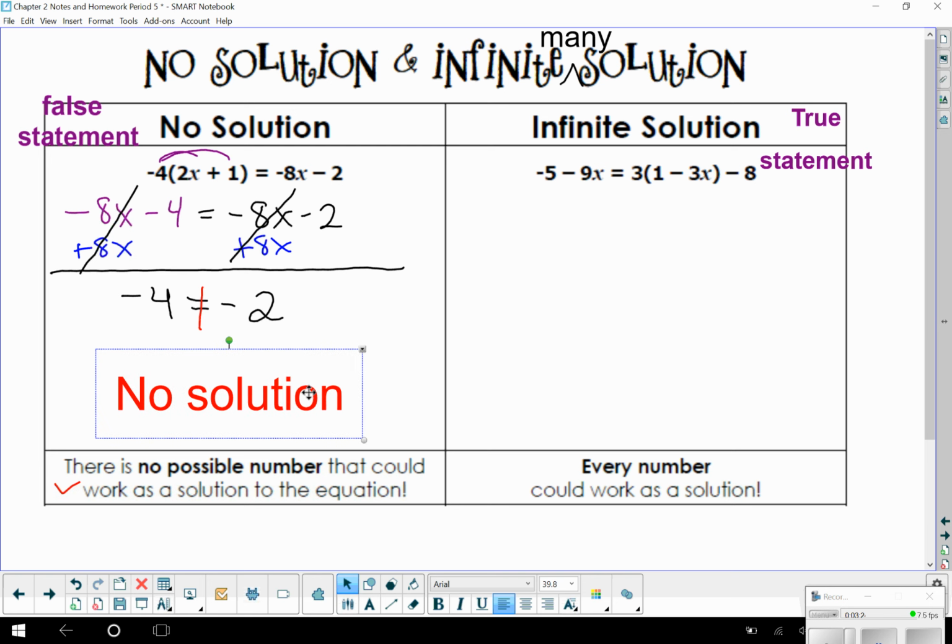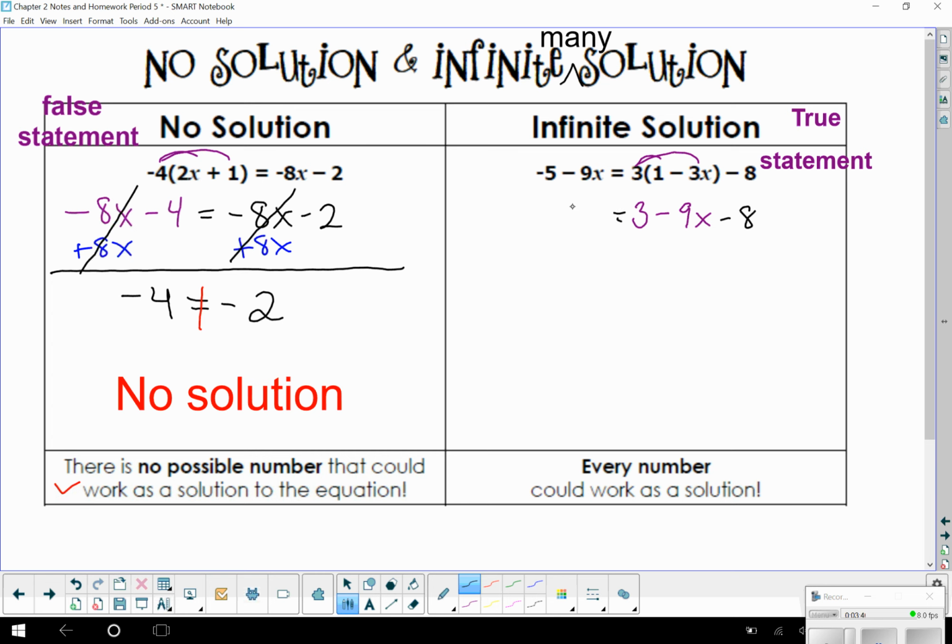Okay? Now, for the infinitely many solutions, we're going to distribute the 3. And now we're going to combine like terms. So that means we can combine this one and that one, which will give a -5.